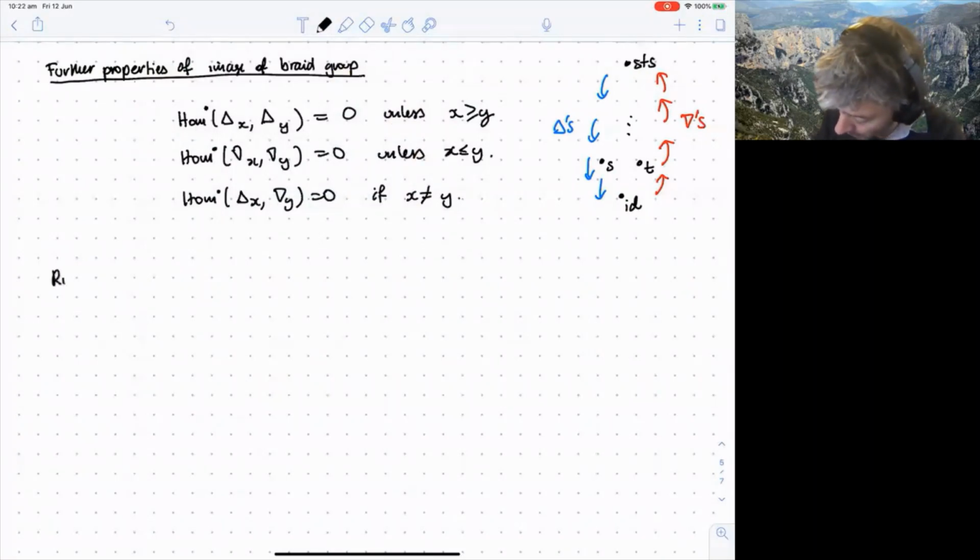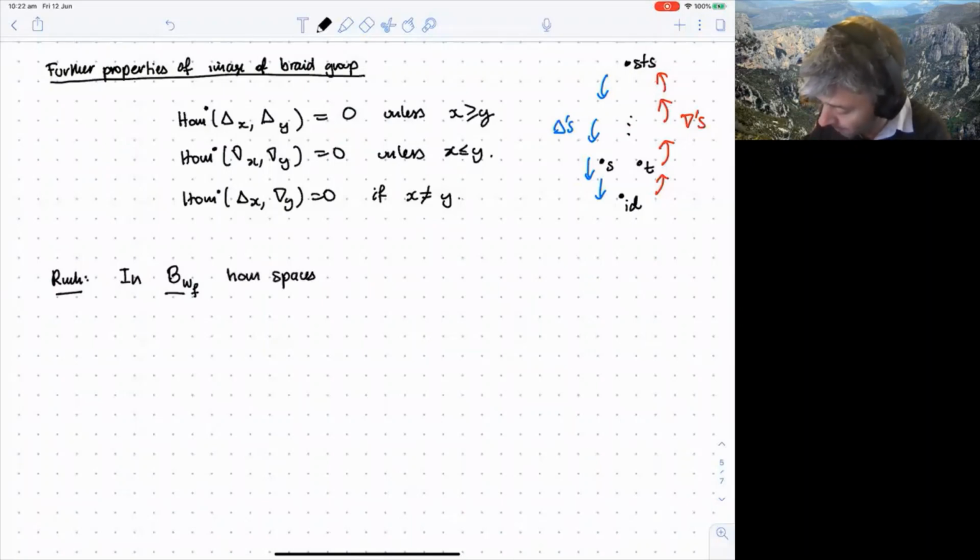And just one remark is that in BWF, Hom spaces are easy.